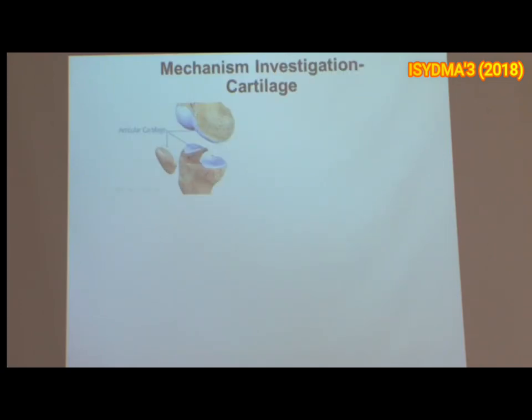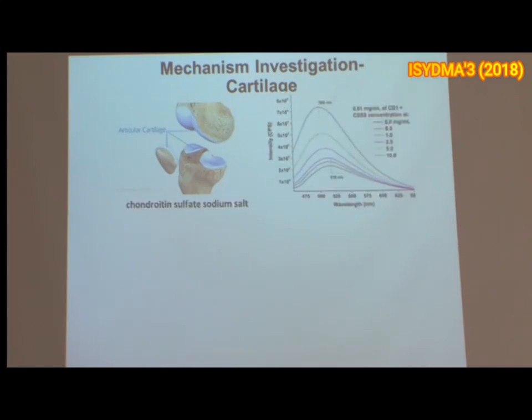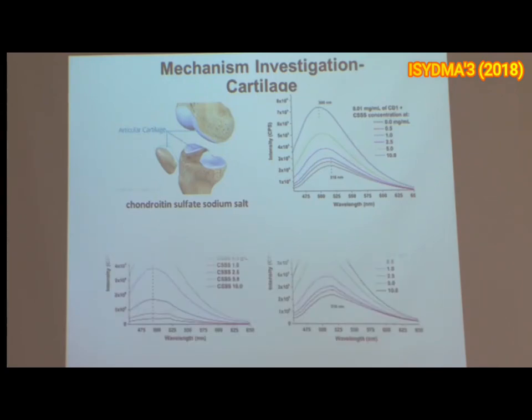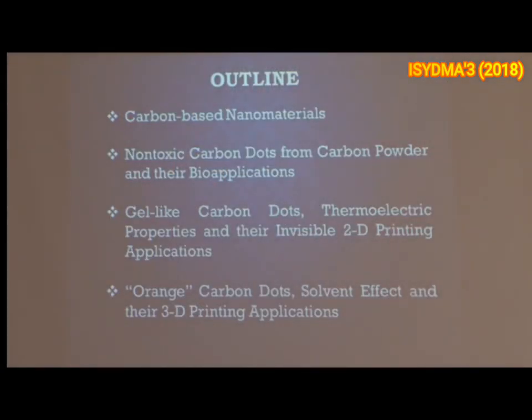And the third example, we use one of the constituents of the bone. This is the cartilage or the bones, is the chondroitin. And even in this particular case, again, we have a fluorescence of this molecule, which is in the same region as the carbon dust. So it is difficult to really pinpoint what is the mechanism.